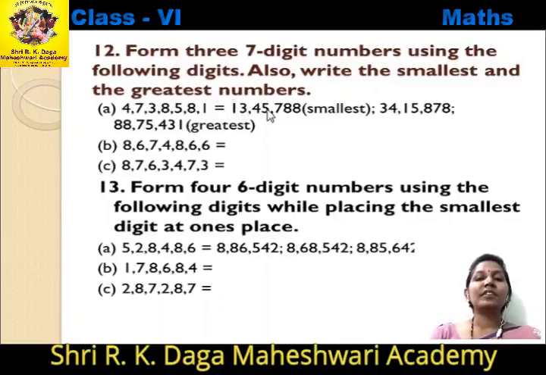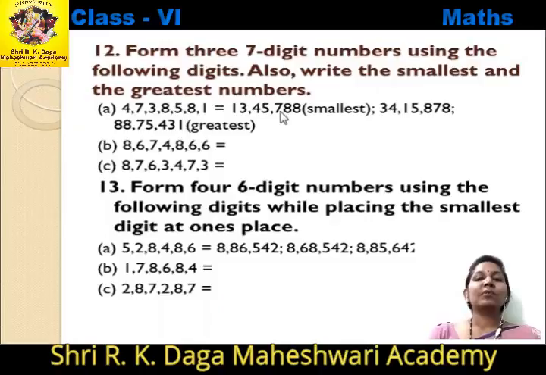Hence the smallest number by arranging these digits is 13,45,788. In the same way, we can write the greatest number by arranging these digits in descending order, that is from greatest to smallest. So the greatest digit is 8, so we will write 8 2 times, after that 7, then 5, 4, 3 and 1.